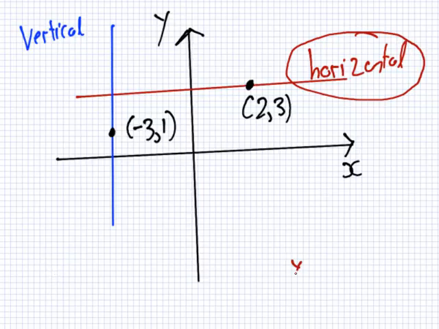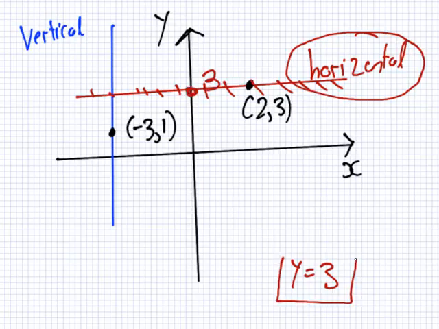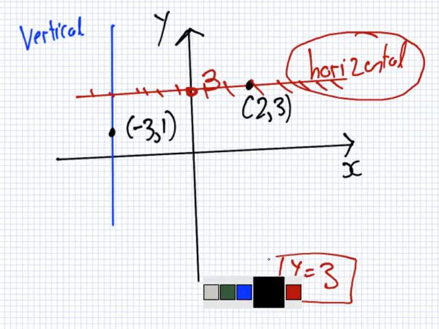It's y equals 3 because everywhere here, the y is always 3. So this line, we say y is 3. So what about the blue line, the vertical line? X is minus 3.